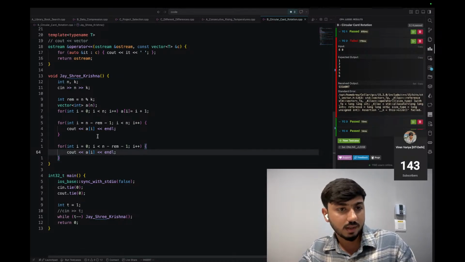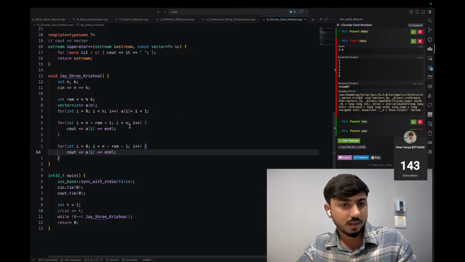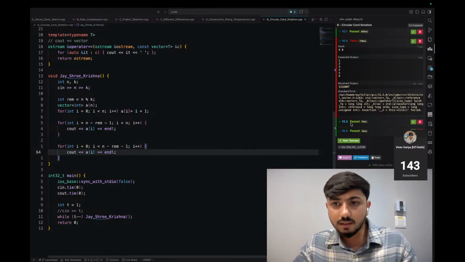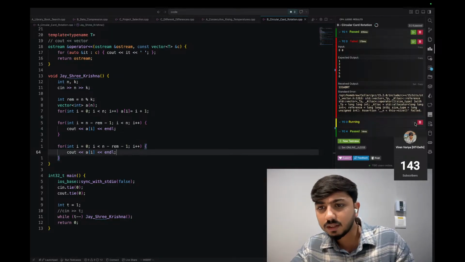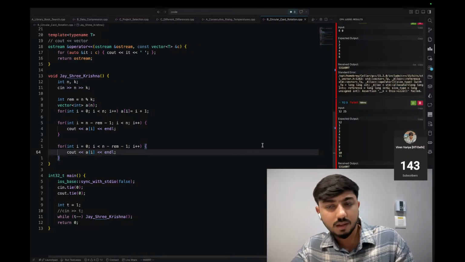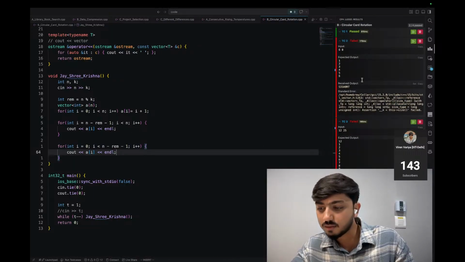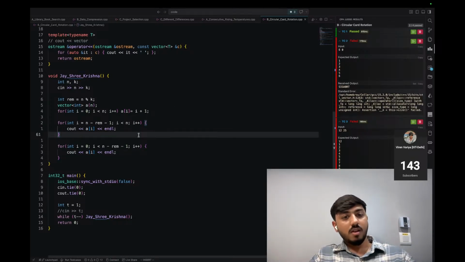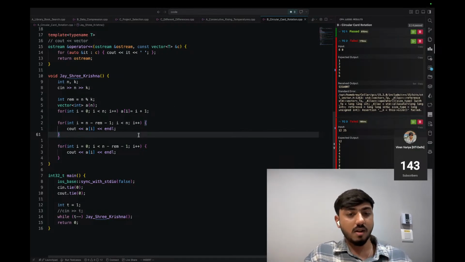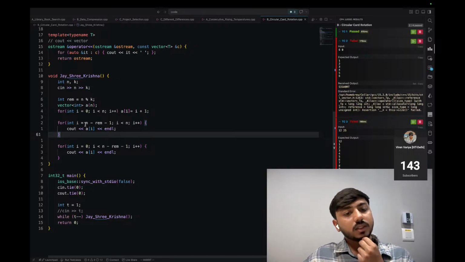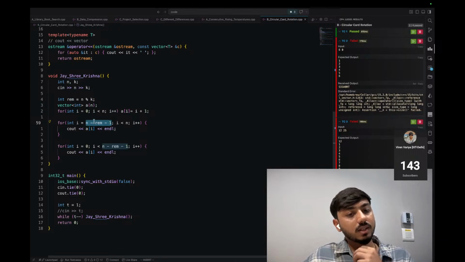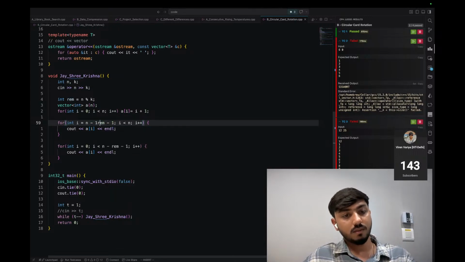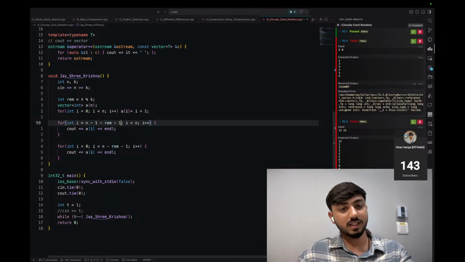What the hell is it? Why, why, why are you getting this? Wait, remainder n minus 1 minus remainder, because we are having a zero base index.